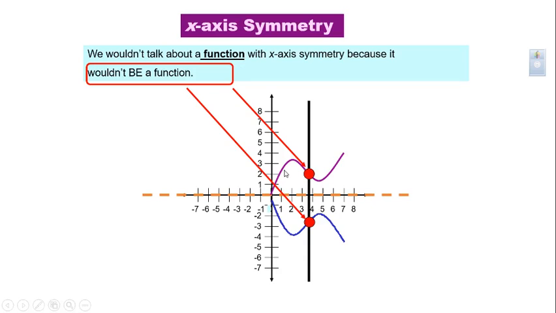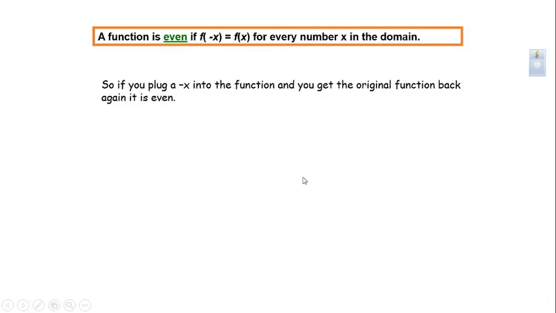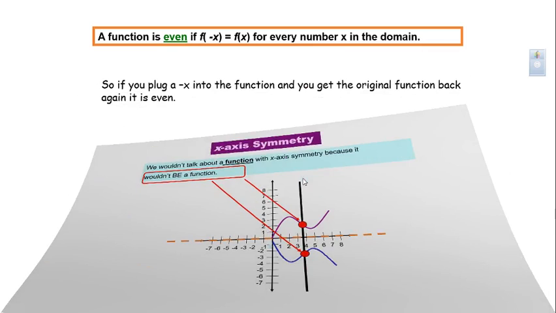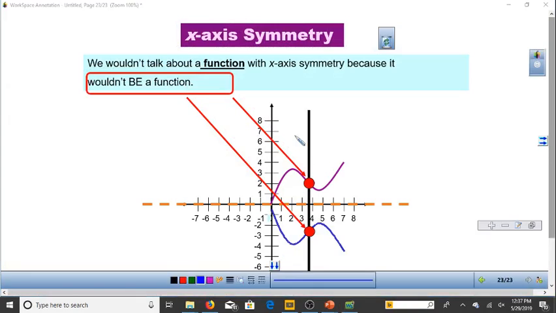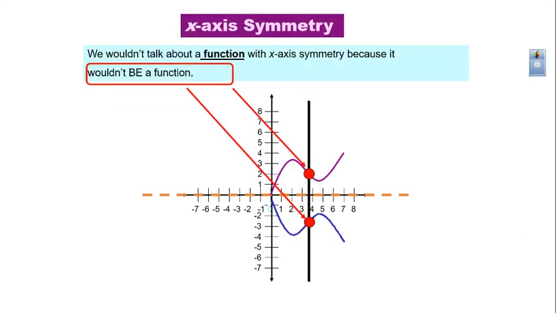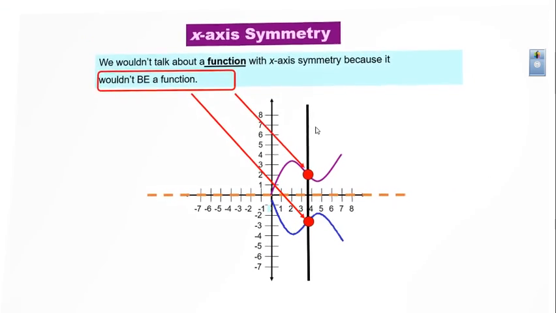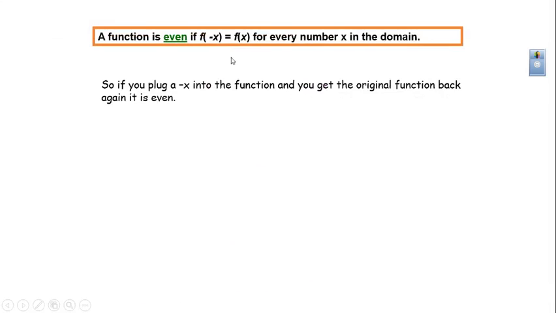So how do we tell if a function is even or odd? Well, the way we tell that is by using a simple test. If it's an even function, when you replace the x's with negative x, you should get the same result. In other words, f of negative x is equal to f of x for whatever x value you use in the domain.